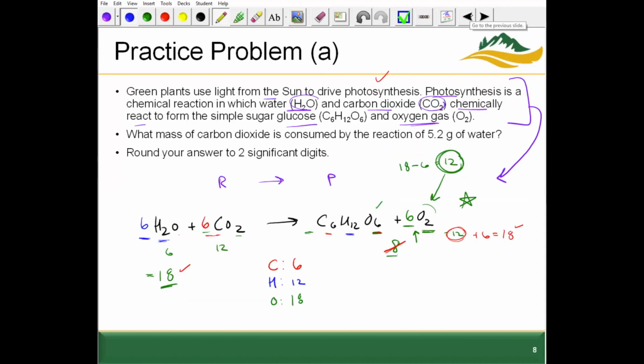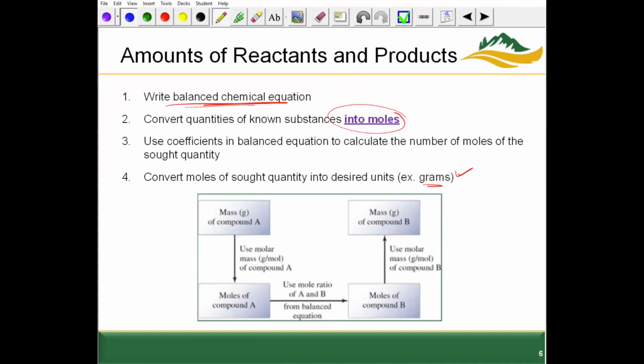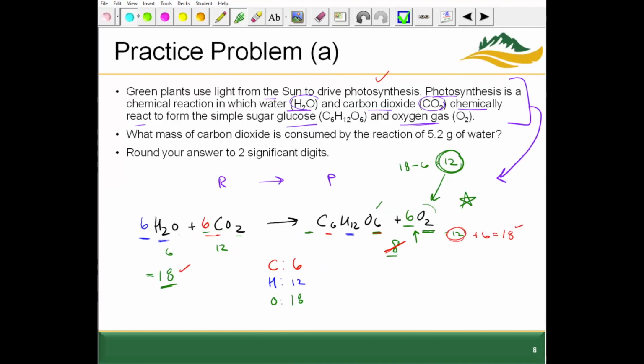With that balanced reaction now, and using this diagram here, we're starting out the mass of some compound, ending up at the mass of another, and these are connected through this balanced chemical equation, and the mole ratio we get from that balanced chemical equation. The 2 substances we want to connect is carbon dioxide and water.